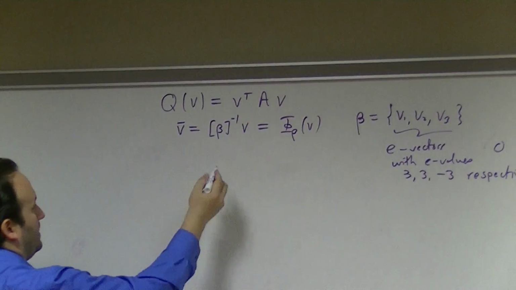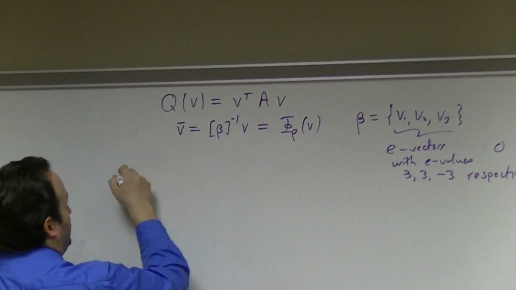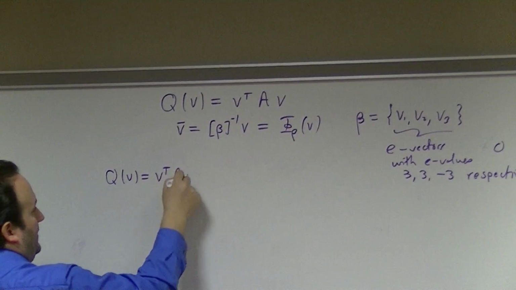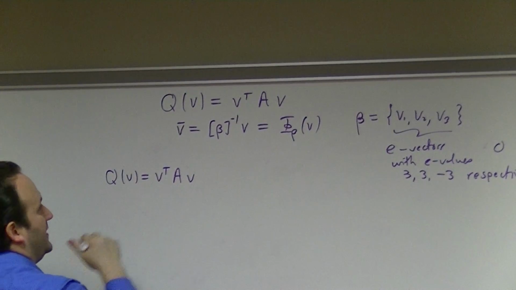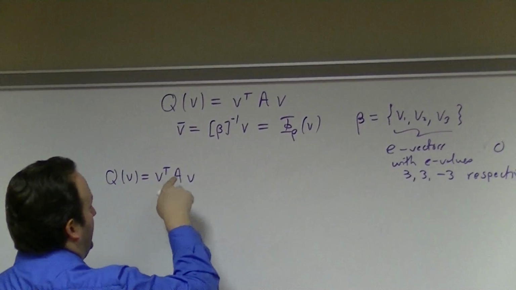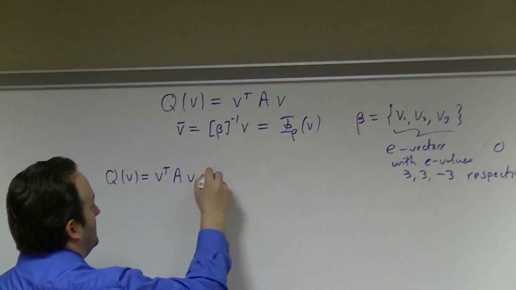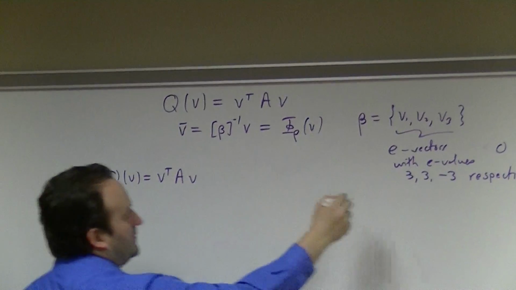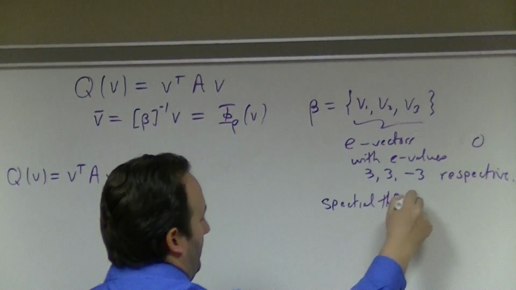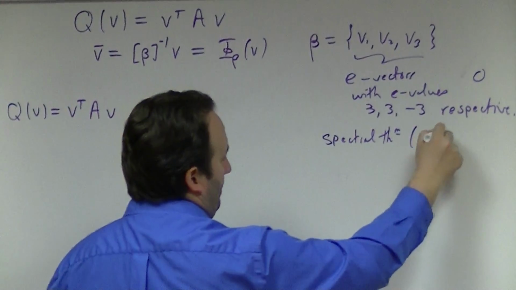The point is, if I look at this, I've got Q of V is V transpose A V, and I just really want to convert that to V bar, right? So to do that, what do I do? Oh, by the way, spectral theorem says what? There exists an orthonormal basis.